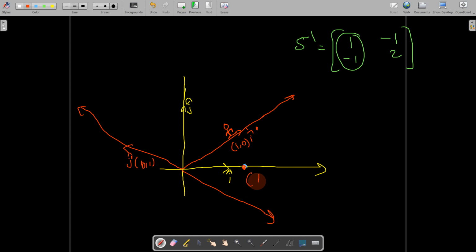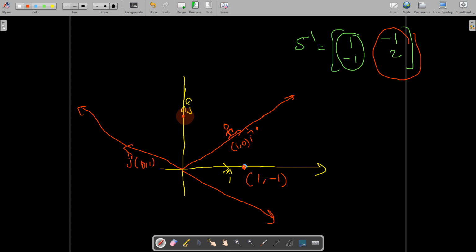So that means the reference coordinate system to measure the distances has changed to the eigen coordinate system. This yellow i cap is now 1, minus 1, and this yellow j cap is the second column, minus 1 comma 2, when you measure it from this red i cap dash and j cap dash, which are nothing but the eigen vectors.